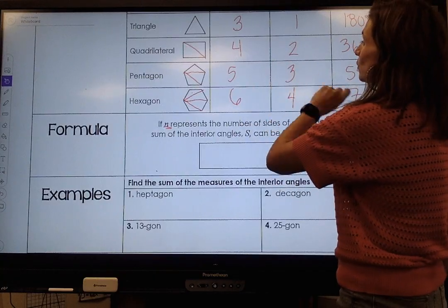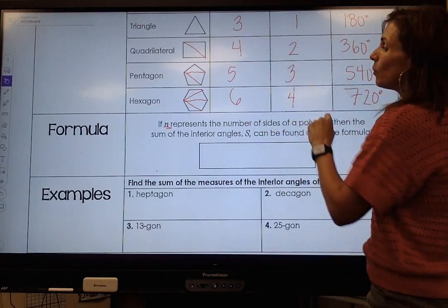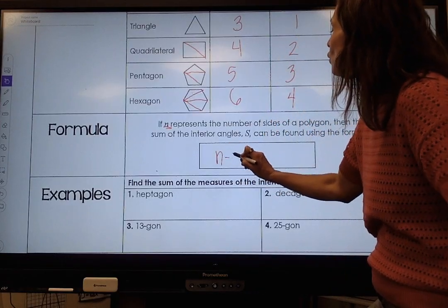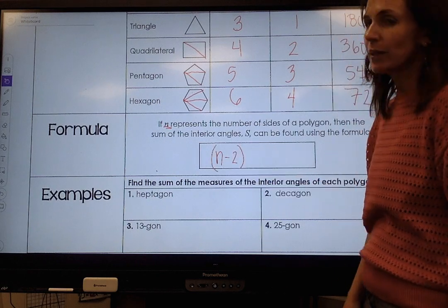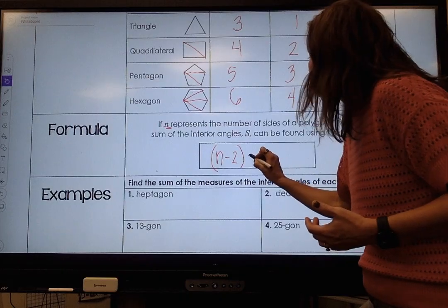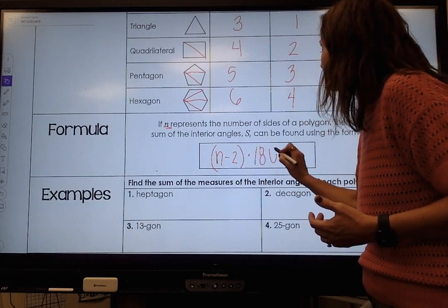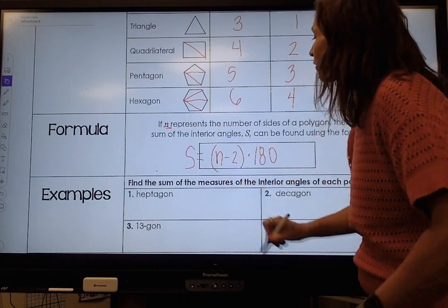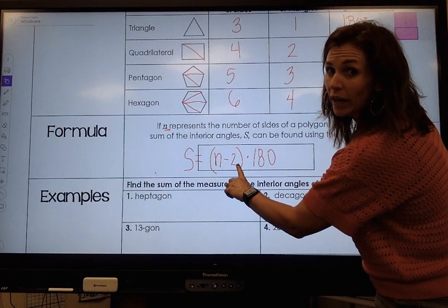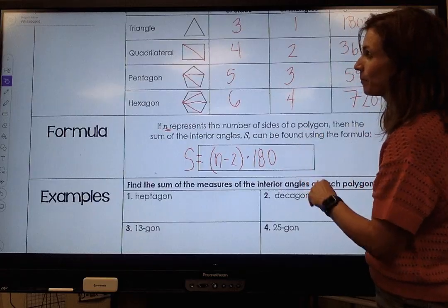How did we go from 5 to 3? 4 to 2 and 3 to 1. What did we do? We took the number of sides and we subtracted 2 from it. And then we found the number of triangles, and then we multiplied it by 180. So the sum of interior angles can be found by taking the number of sides, subtracting 2, and multiplying by 180.